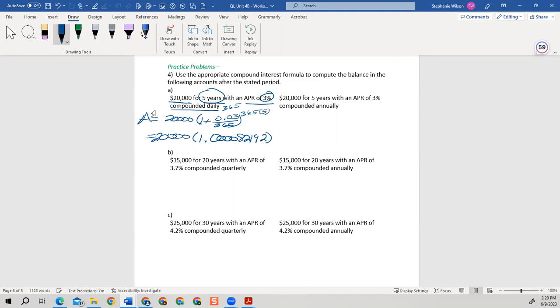And we got 365 times 5 raised to 1,825. So let's do this. I'm going to do it all in one line this time. And I get $23,236.55.